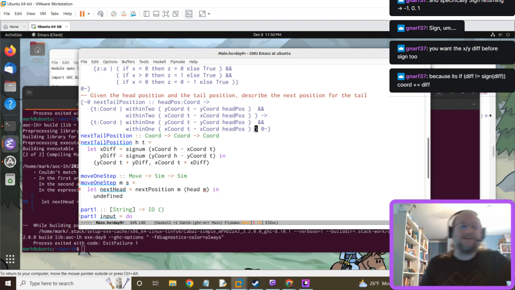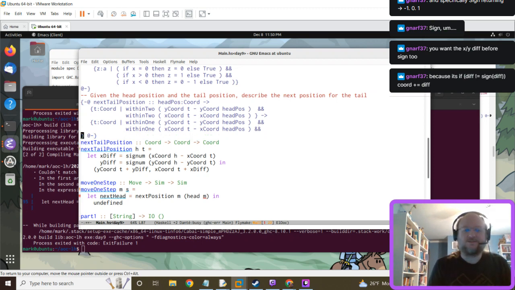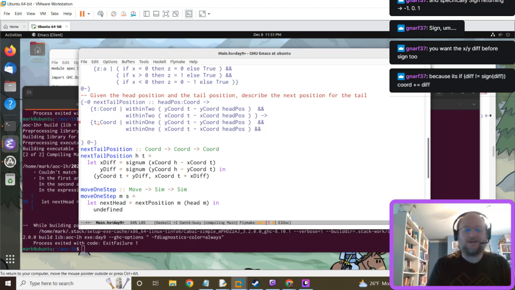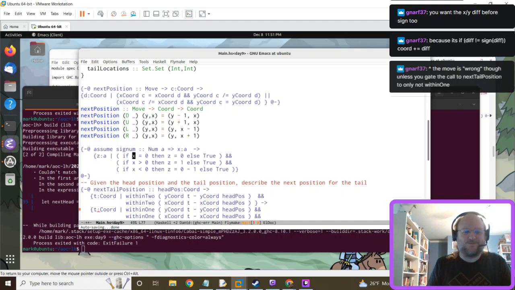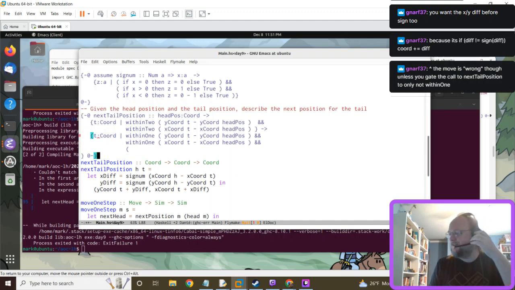Can we do better here? Can we describe the expected operation more precisely? So we achieved our goal of getting within 1. So I should have just used implies here rather than if-then.